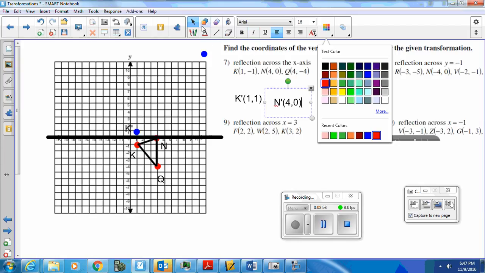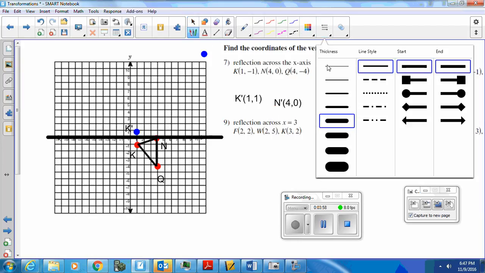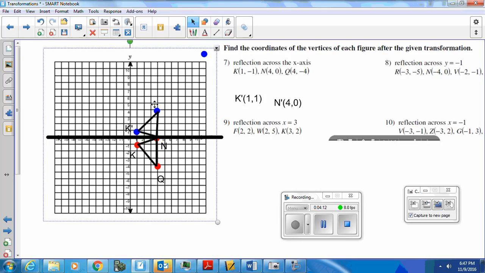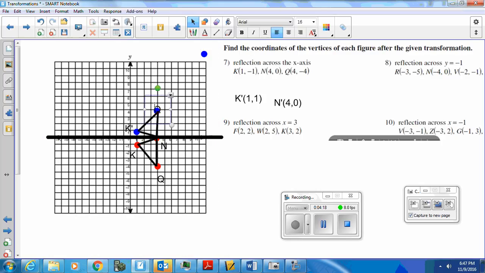All right, so we have our q prime. But you don't have to graph. I mean, it's not asking you to graph it.